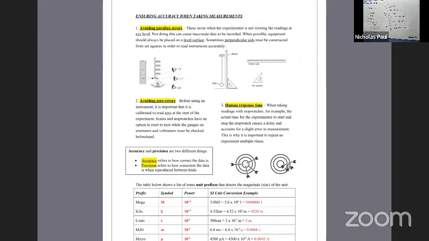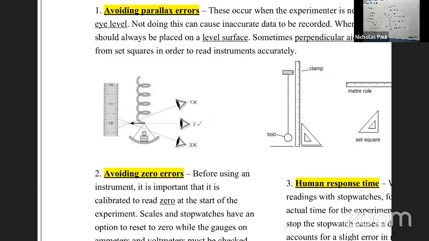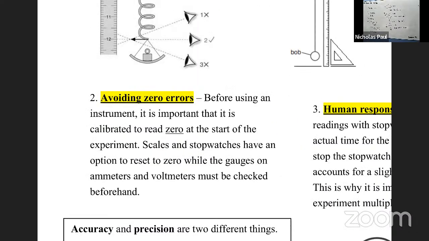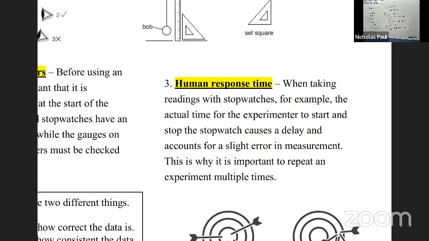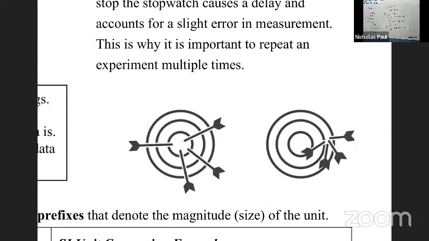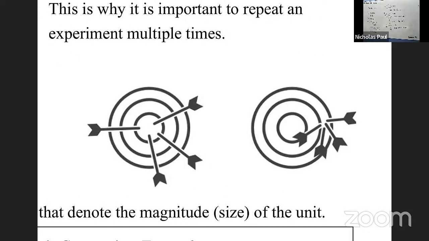Then we talked about errors, parallax errors, trying to avoid parallax errors. We talked about zero errors and we talked about human response time. Anybody remember what this was about? Two words. Accurate and precise.